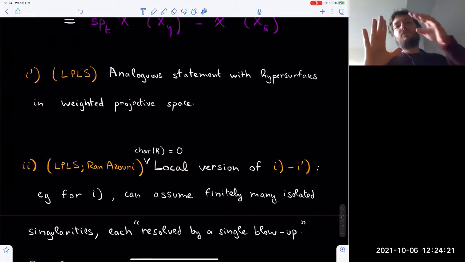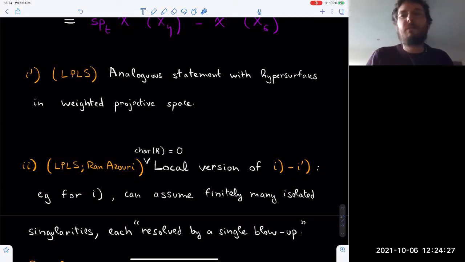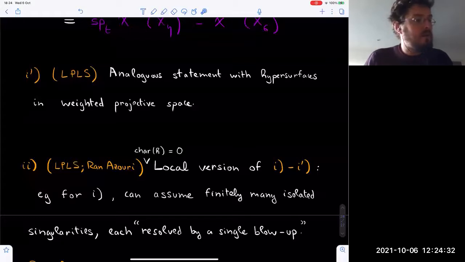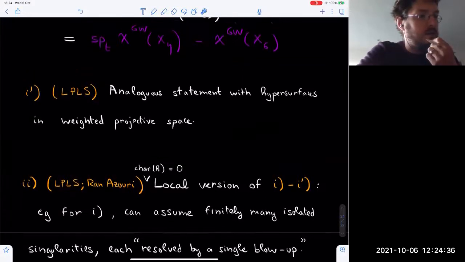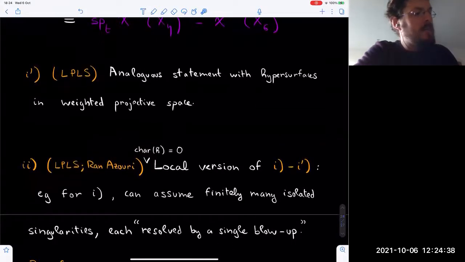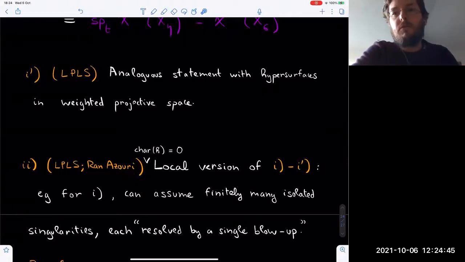So if you blow up, you have the strict transform and the exceptional divisor, and they are both smooth and they intersect transversely. So it's a very special type of singularity. In some sense, it's one of the simplest ones you can have, but that's the case where we can compute everything. And this last statement is mostly due to Ran Azouri, building on the previous cases.